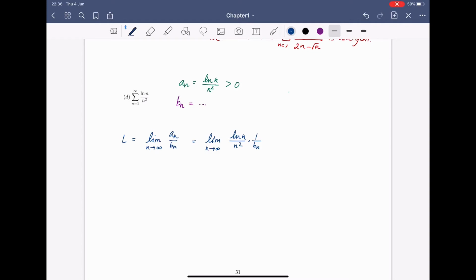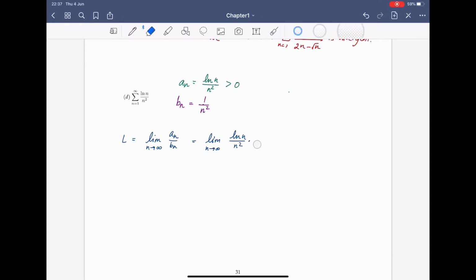You can see here that it is not easy to compute the limit of this thing. So let me first try to choose something like, let's say I'm going to pick b_n to be 1 over n squared. Alright, and see what happens.